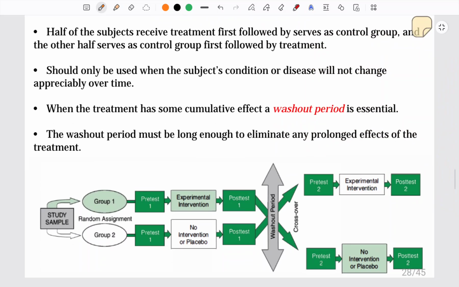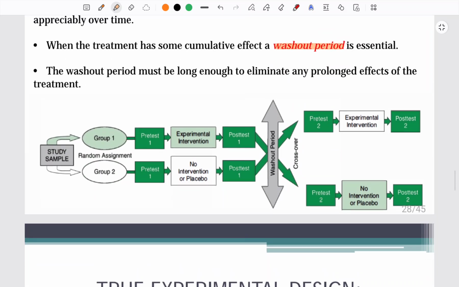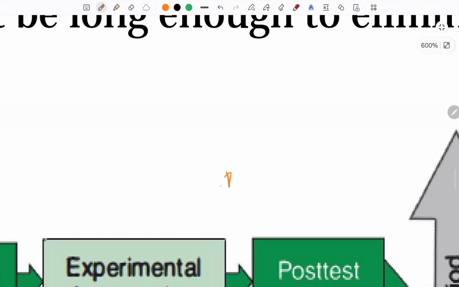Then you conduct pre-test and post-test, and after the 1 month period, you will switch. Those who are in group 2 will switch to be group 1, the experimental group. Those who are in group 1 will switch to group 2.